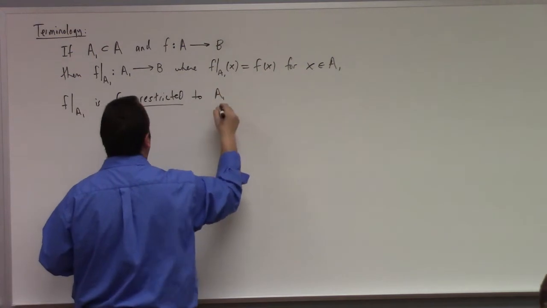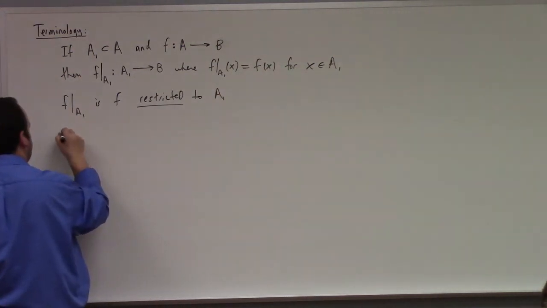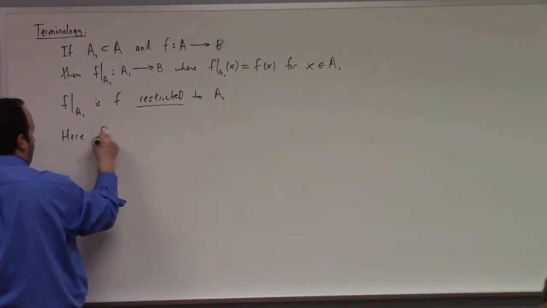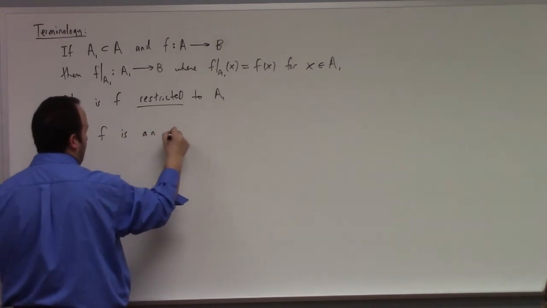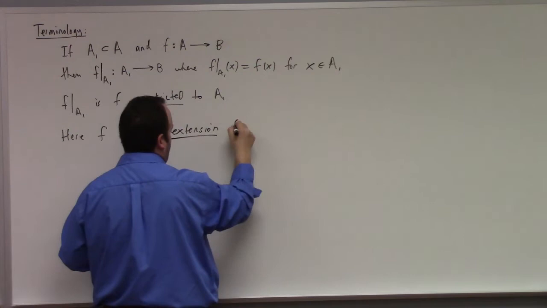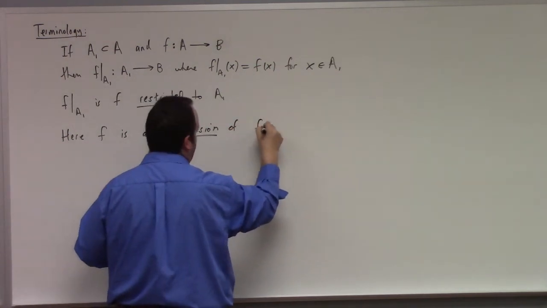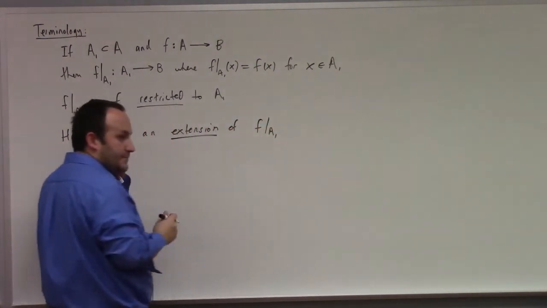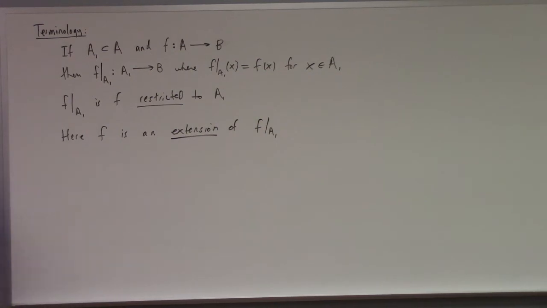In this case, f is an extension of the restriction. So if you can view one function and another related by restriction, then the function with the larger domain is called an extension of the function with the smaller domain.